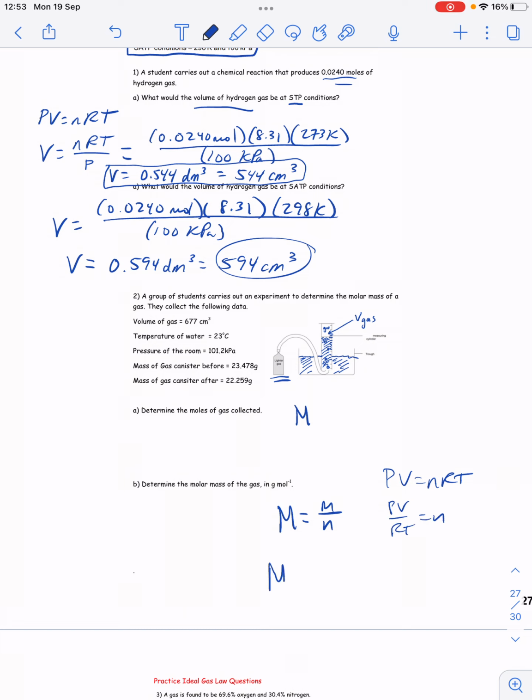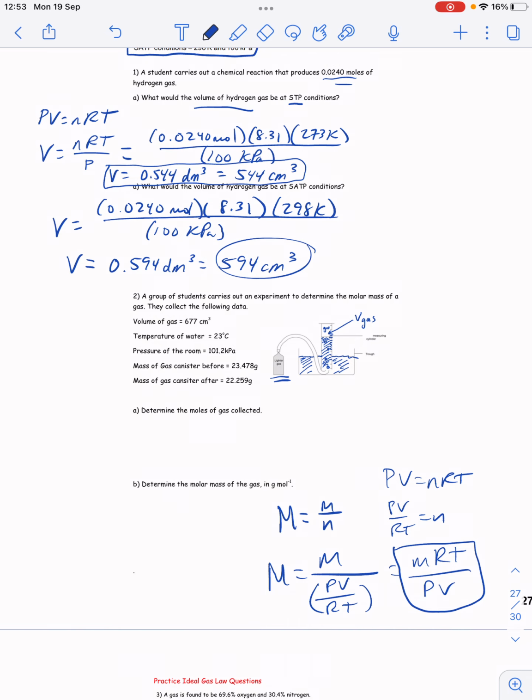So you could do this right away and have PV over RT instead of n, and then you could make that a little neater by saying mRT over PV. So this equation here actually equals the molar mass of the gas. So we could just go ahead and solve it in one step, but the IB question may break it down for you into individual steps like this question does here.